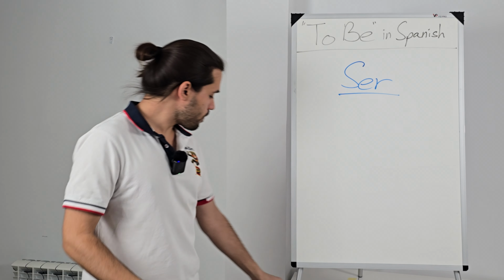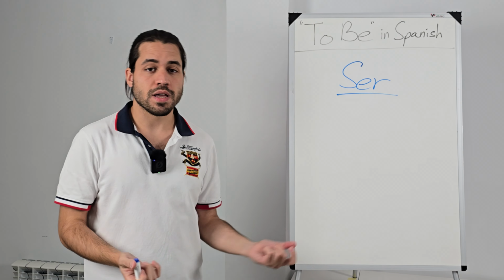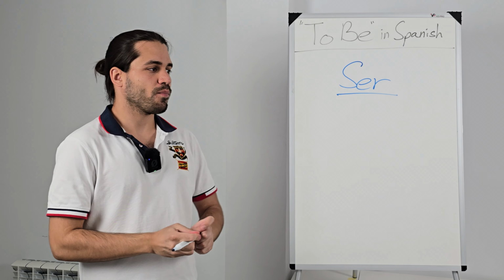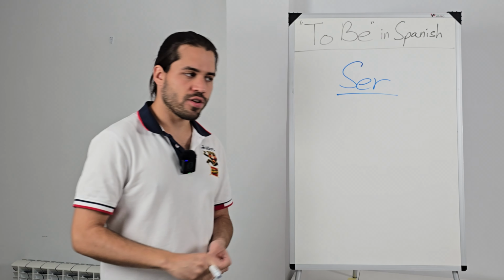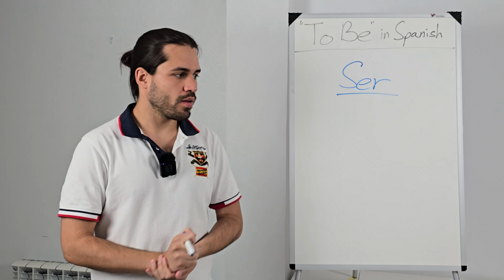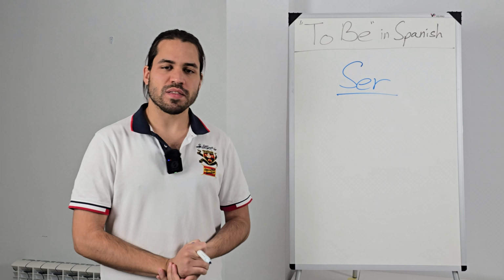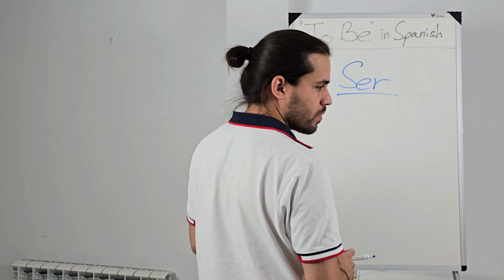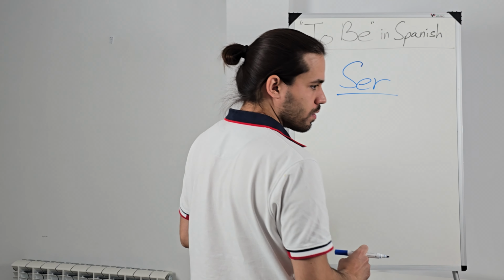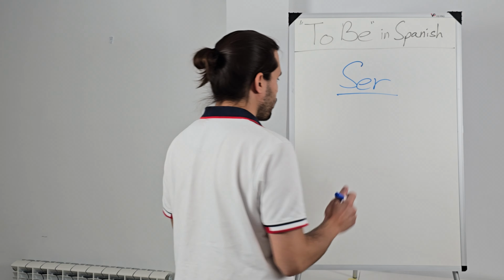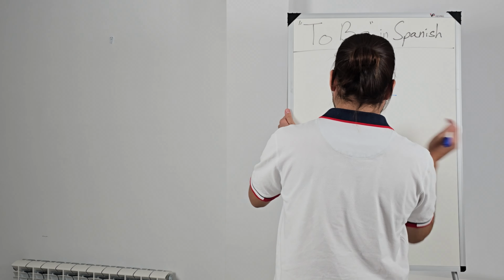Ser is that permanent state of being I was discussing earlier. And like in English, it's an irregular verb. Pretty much both of these states of being, the first two, are irregulars as well.